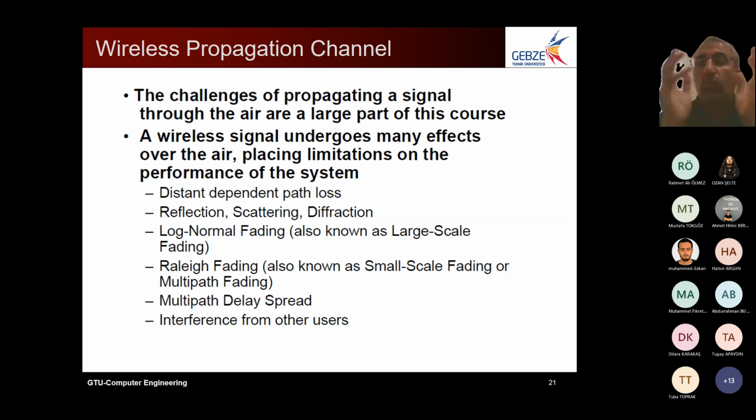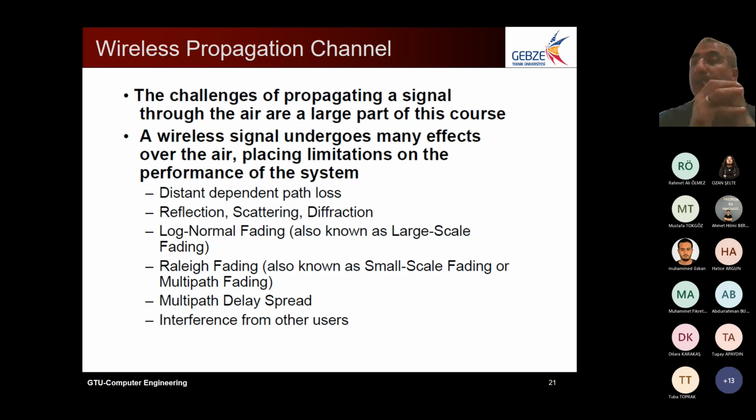So once we radiate over the air, these electromagnetic waves or signal undergo many effects, because if you're in an indoor environment, it can hit the walls, the tables, the chairs, and whatever obstacles and objects you have in this environment.